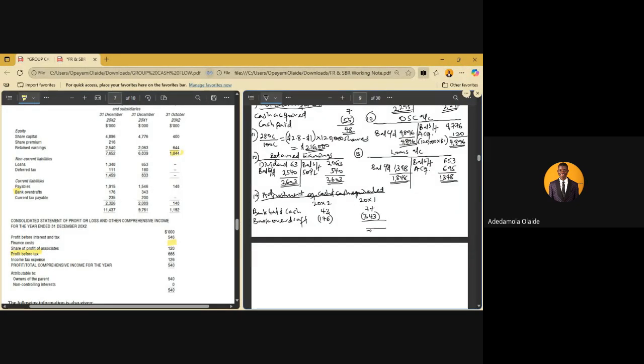Figures, please. 20x2 is negative 133. 20x1 is negative 260.